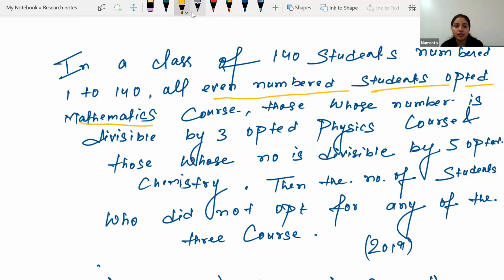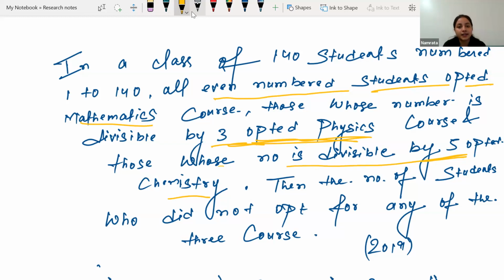From 1 to 140, whoever has an even roll number opted for mathematics. Those whose number is divisible by 3 opted for physics, and those whose number is divisible by 5 opted for chemistry.